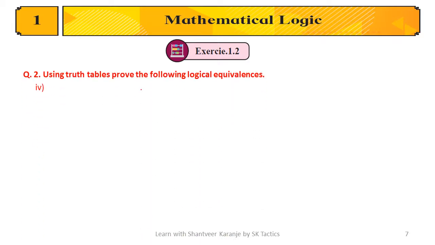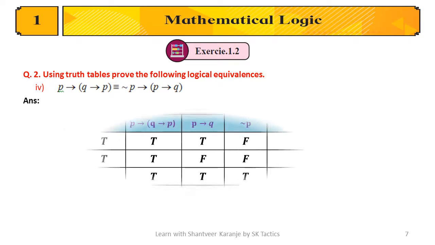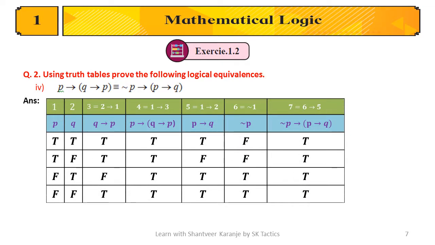Question number 2's part number 4: P implies Q implies P is equivalent to negation of P implies Q. And the answer is in front of you, where the first column is for P, the second is for Q. Now I start column number 3 to find LHS, and from LHS first we find truth values of the first bracket, Q implies P, then P implies Q implies P, complete LHS in the fourth column.